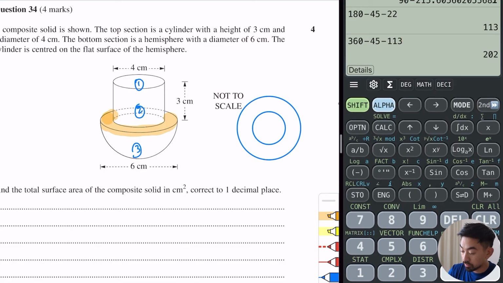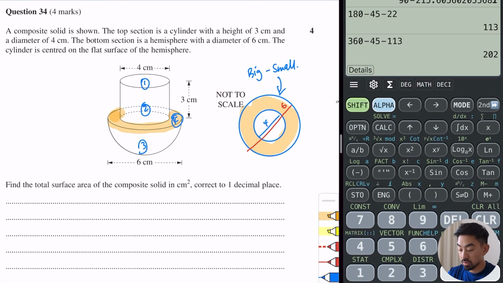So I've got 4 across here, and I've got 6 across there. So all we want to find here is that little donut shape. Now that's an annulus if you don't know, but it's literally going to be big circle minus small circle. That's going to give us that bit there. So I'm going to call that 4.